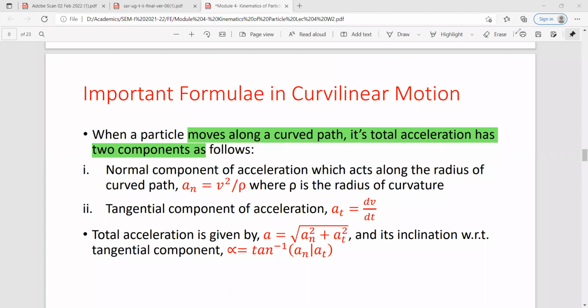So see, last time we have seen the curvilinear motion. Okay. And we also made an attempt to derive the radius of curvature formula.